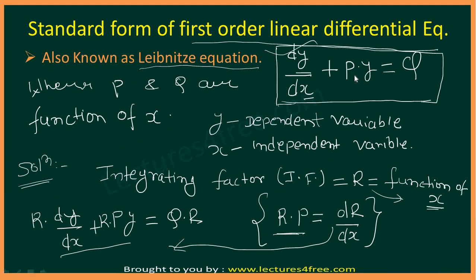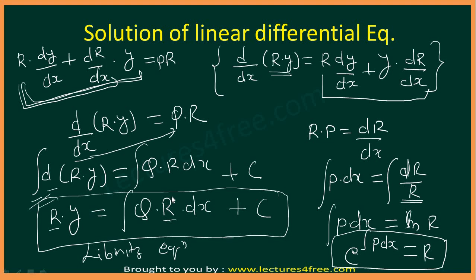But suppose you have some other independent variable and some other dependent variable, then this equation will change accordingly. Suppose we have an equation like this, where the dependent variable is x and the independent variable is y: dx/dy plus ax is equal to b.